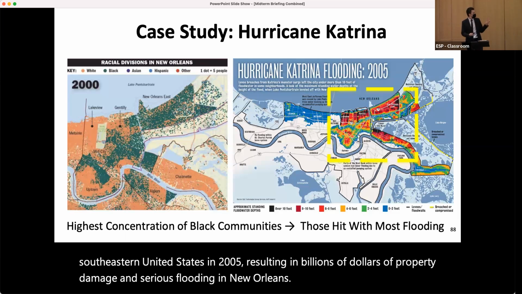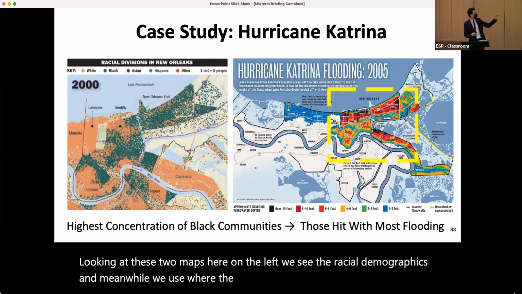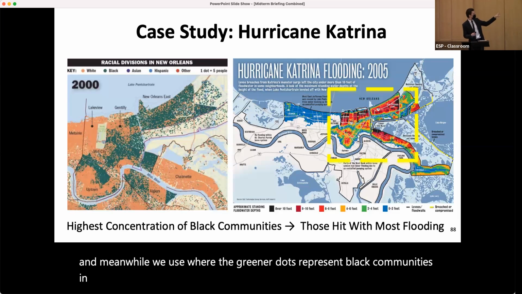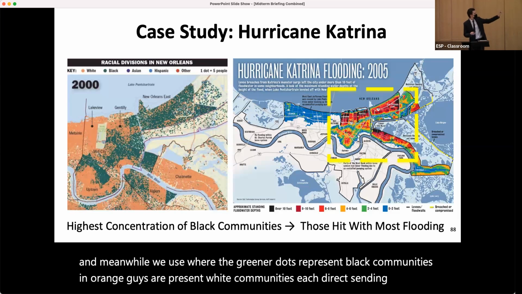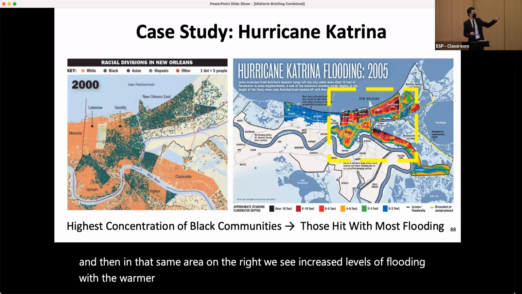Looking at these 2 maps here, on the left, we see the racial demographics in New Orleans, where the greener dots represent Black communities and the orange dots represent white communities, each dot representing 5 people. And then in that same area on the right, we see increased levels of flooding, with the warmer, darker colors representing higher levels of flooding, and the cooler, lighter colors representing low levels of flooding.